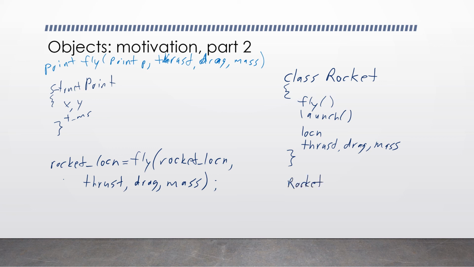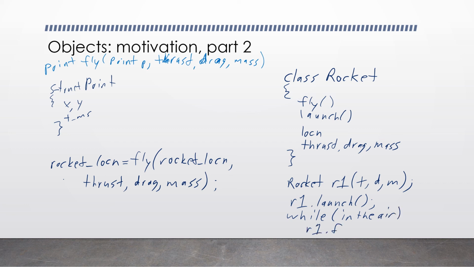Rocket r1, say. We set it up with thrust and drag and mass, and then we call r1.launch, and while it's in the air, r1.fly.